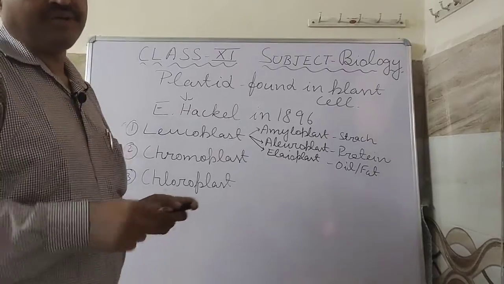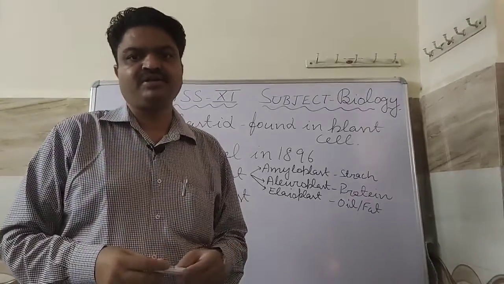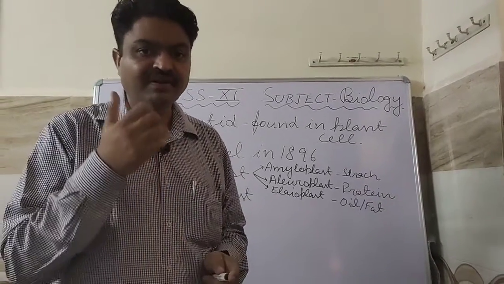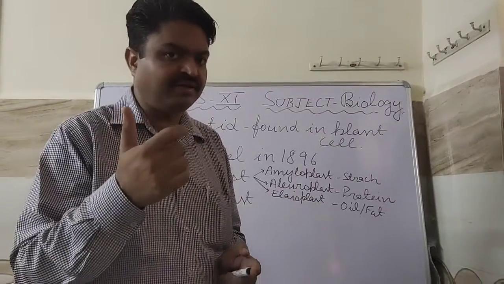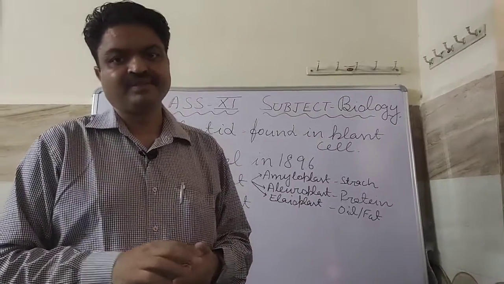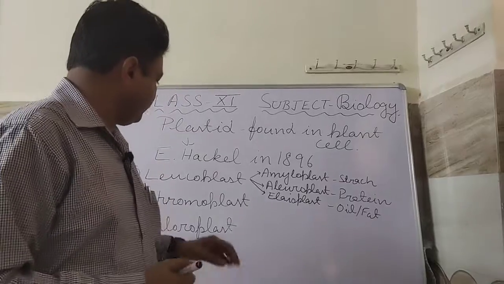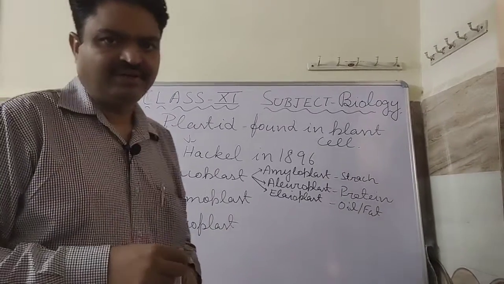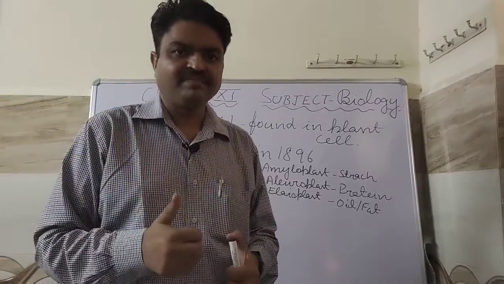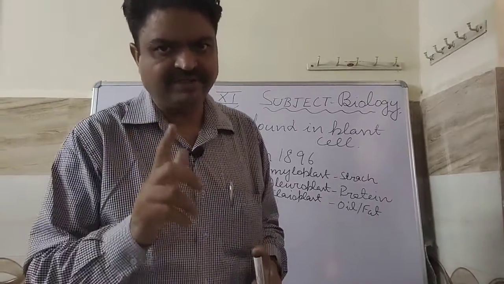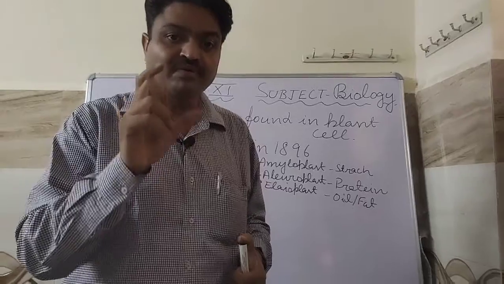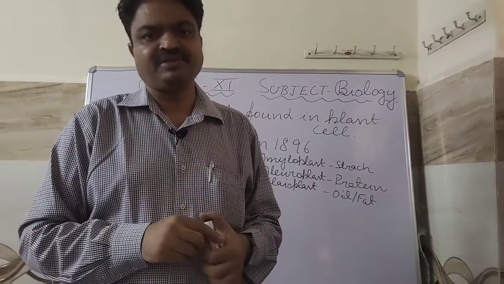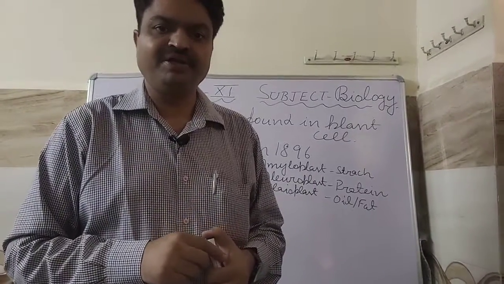Now we come to the chromoplast. It is an important and attractive plastid, student. It provides different colors other than green to the plant cells. Like when you eat tomatoes and red chilies, they have chromoplasts, and which chromoplast do they have? They have lycopene.